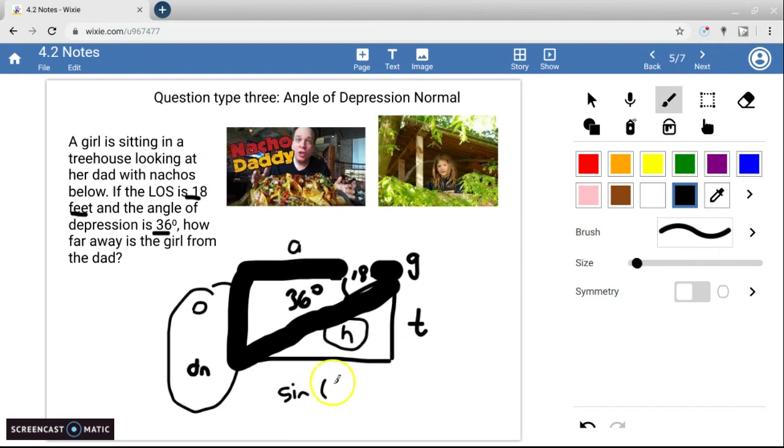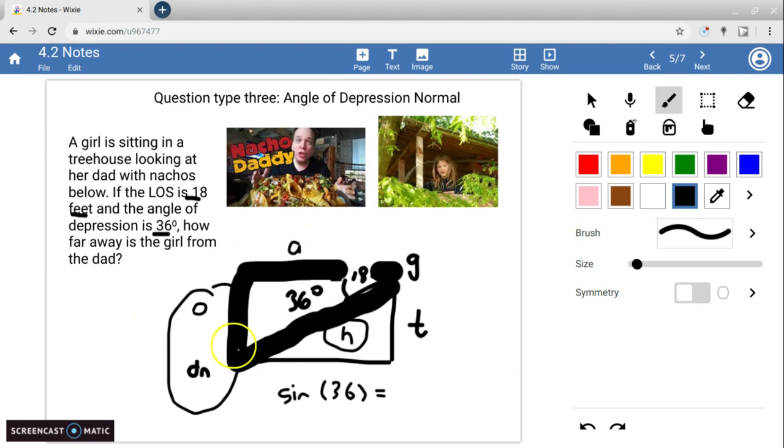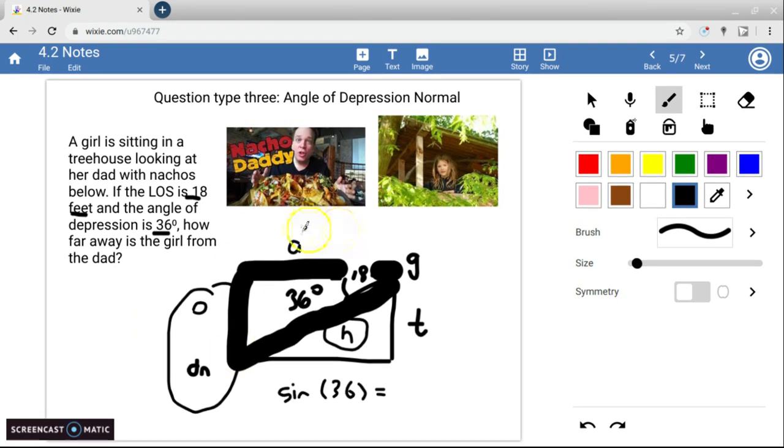And then we would set it up like this, sine of 36, and then we... oh yes, sorry, that's not right. Actually, we are not trying to find this O. We don't care about how high up she is. We're actually asked how far away she was from. So we're not using sine.